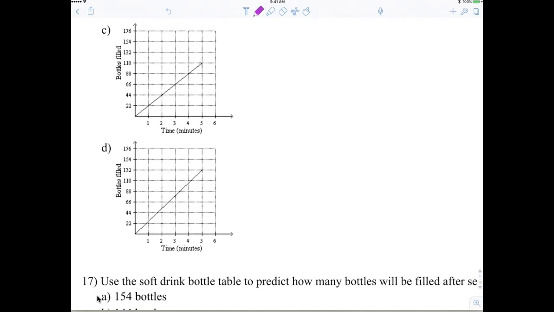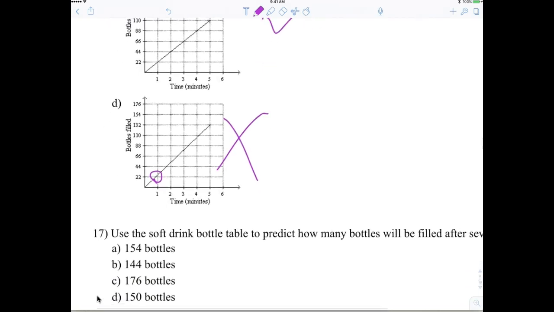It shows that it's going up in between. Yeah, to me, they're just misgraphed, in my opinion. Those are a little off. Now, what I'm trying to demonstrate is that if you're not careful, you could easily make D a choice. Is everybody with me? Make sure you're real careful. So the correct answer is C.